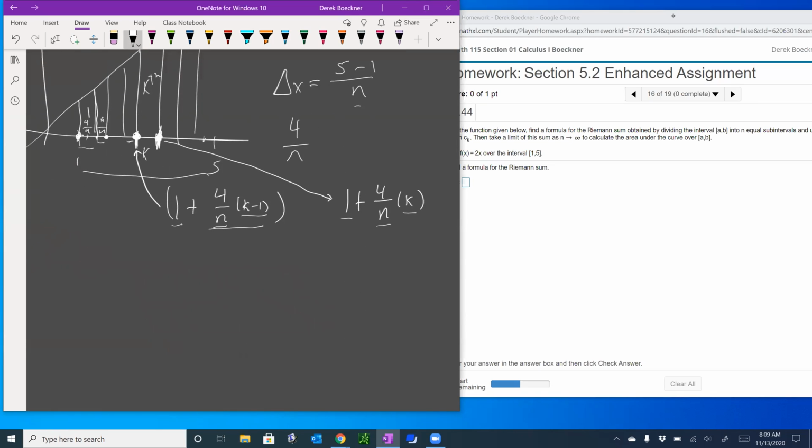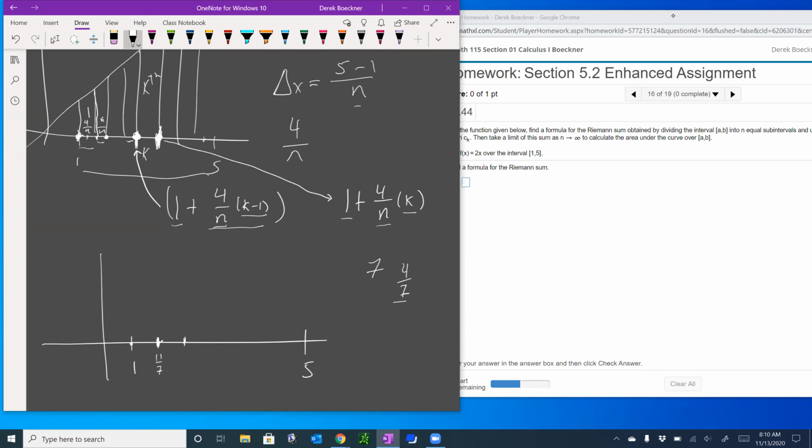Let's actually put in some values. Let's say I was going to do 7 rectangles, right? So each of them is going to be 4 over 7. The left-hand endpoint of the first rectangle is still going to be 1. This is going to be 11 over 7, right? And so I will have added 4 over 7 one time to get to the right-hand endpoint of the first rectangle.